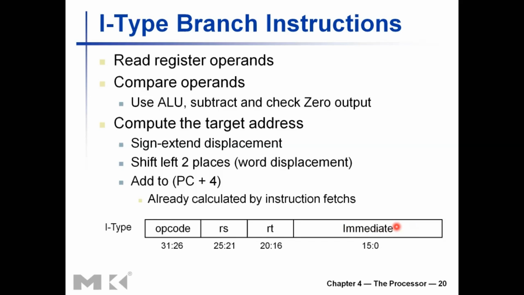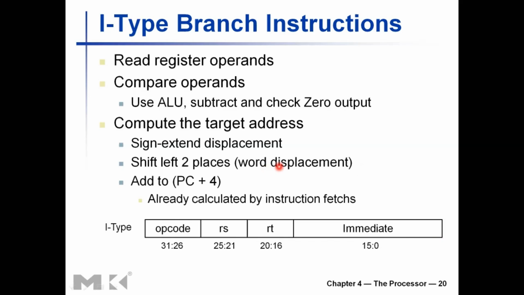So you need to take the 16-bit value, append the word displacement, or shift that value 2 places to the left. So you will add 2 zeros here, right? Take this value, shift it to the left by 2 to create 2 zeros at the least significant places. So that becomes a byte address which you can add on top of the program counter.